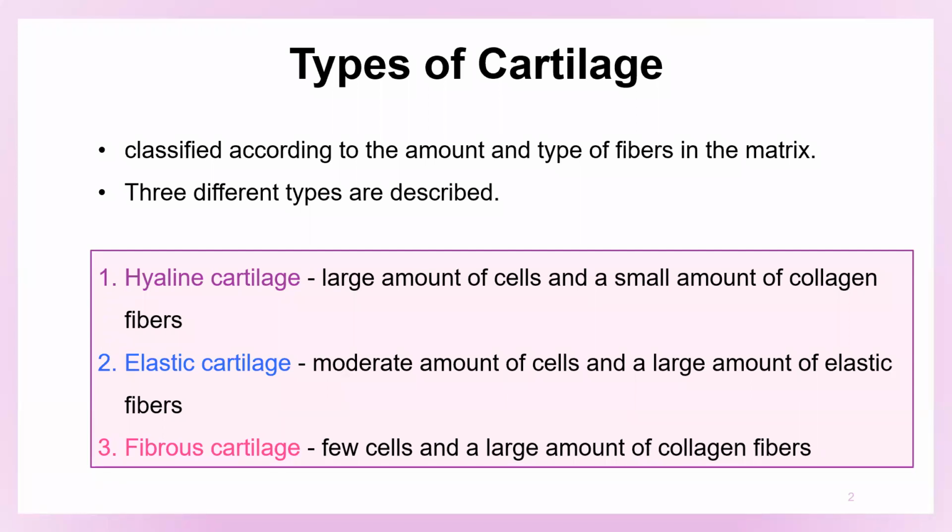Fibrous cartilage has few cells and a large amount of collagen fibers, right? So according to the amount and type of the fibers embedded in the matrix, you get different features, and these cartilages are designed to perform slightly different functions. Okay.